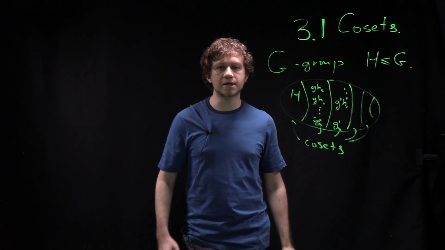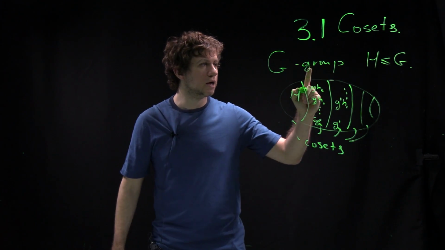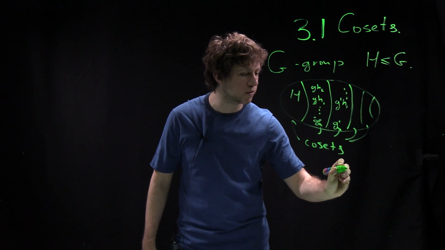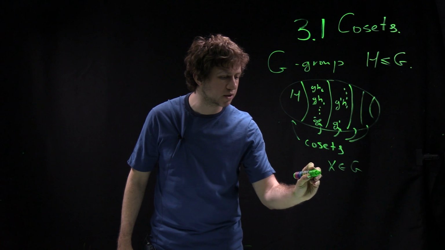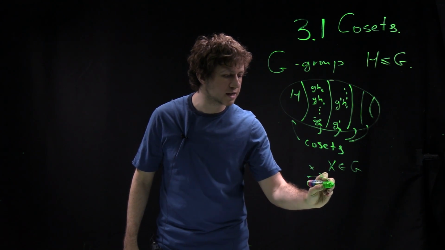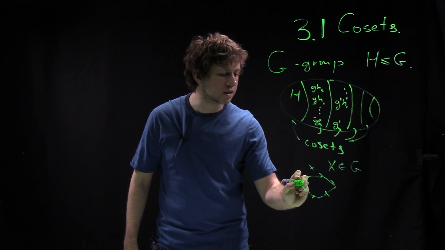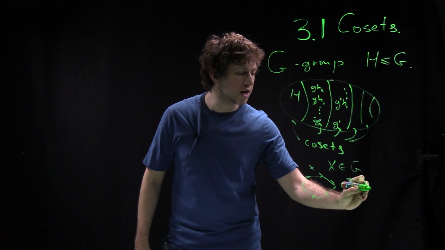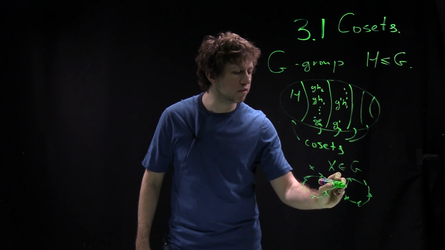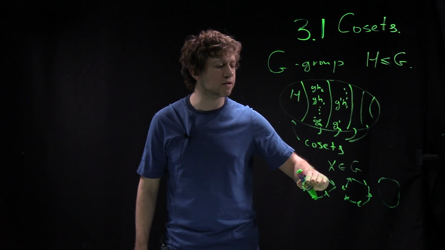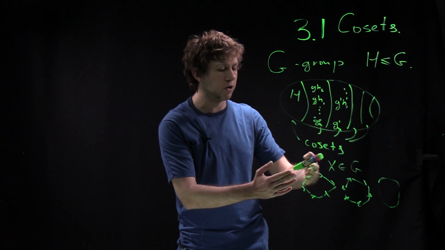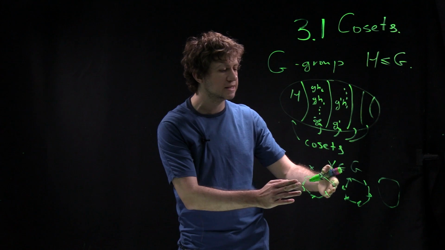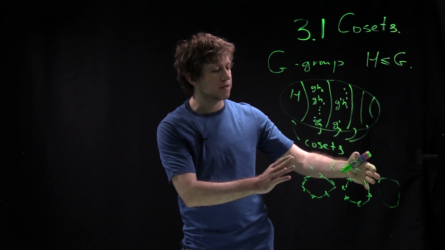We have already seen this situation when we looked at a group and an element. Remember, when we had this element x inside the group G, we started to multiply all elements on x, and we got this collection of cycles. Our group was a union of cycles, where cycles represent what happens to an element when you multiply by x. And this is exactly the same picture.